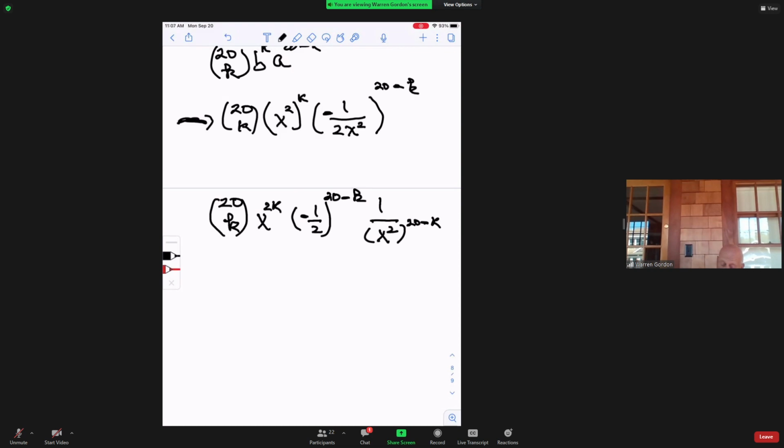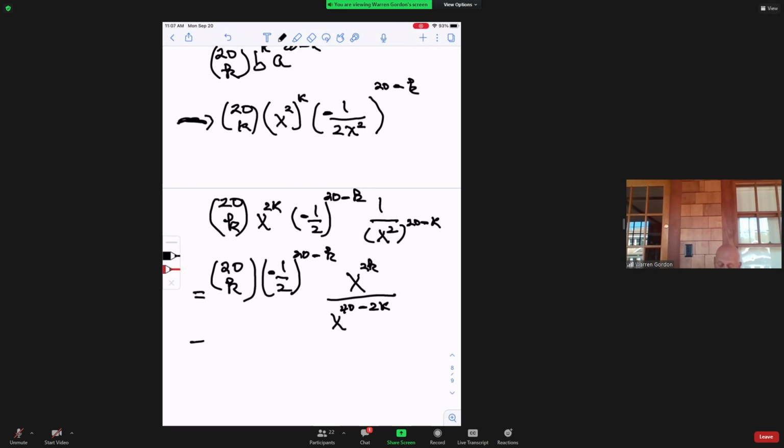Okay, so let me get all the coefficients together. I get minus 1 over 2 to the 20 minus k. And now I have x to the 2k over x to the 40 minus 2k. Everyone see how I use the laws of exponents?